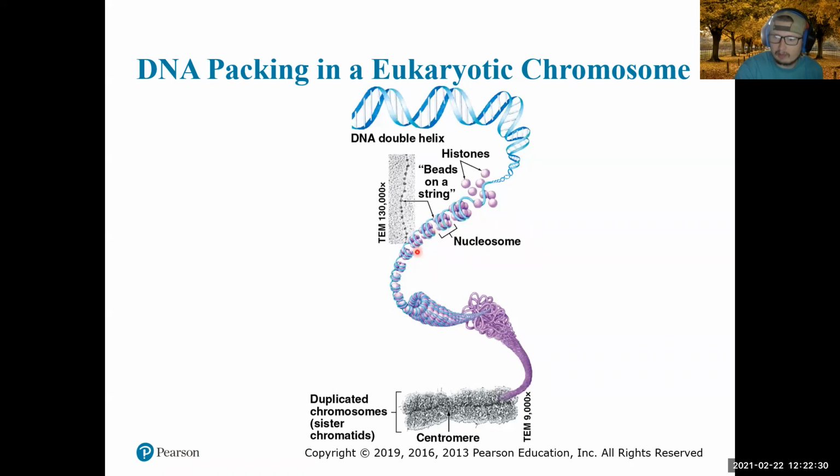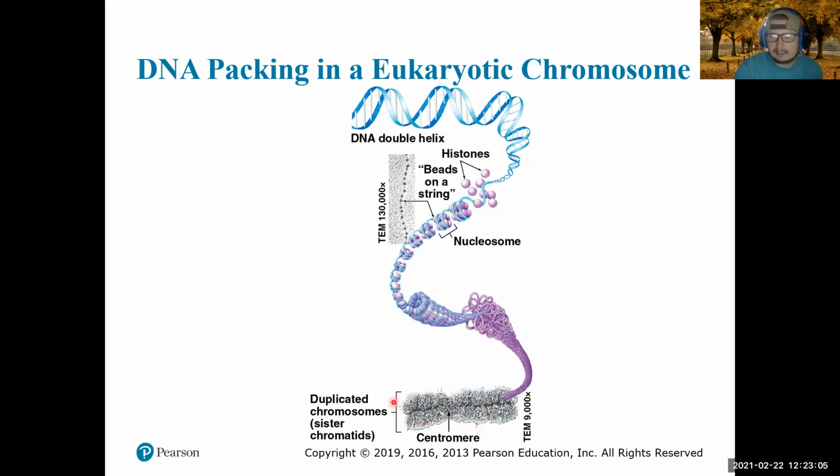So there are several nucleosomes running through this chromosome strand. If you look at it under a microscope, it actually looks like beads on a string, and so that's what they refer to it as: beads on a string. So you have your DNA that's wrapped around these histone proteins that is then compressed into this nucleosome, and then you can package these nucleosomes really tight together, and you end up with a chromatid.